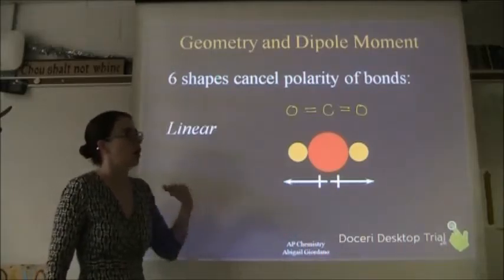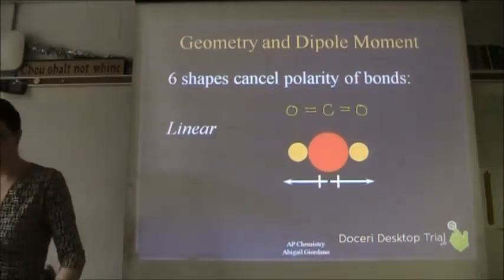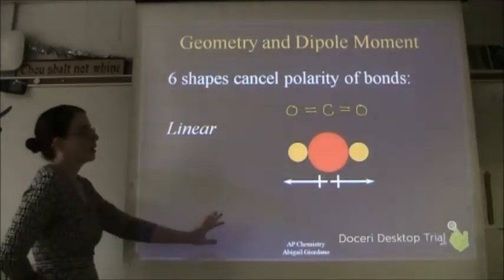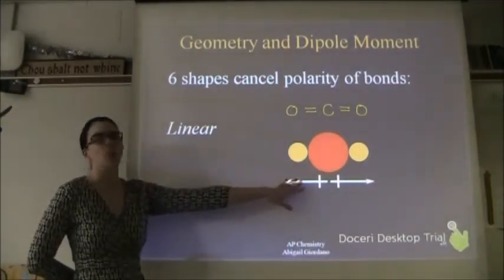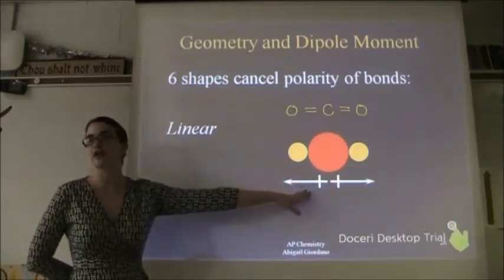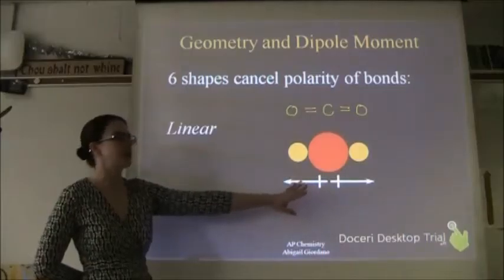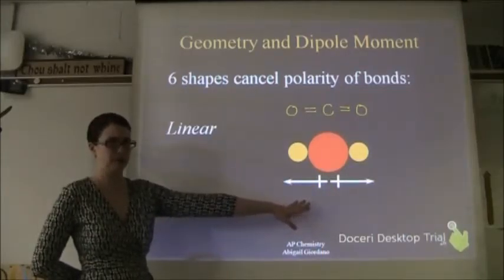Remember, we're in this time where you've got to be able to explain yourself. So let me give you the AP Chem lingo here. You can't just say, well, linear is a symmetrical shape. Don't use the word symmetrical. For some reason, the AP graders don't like that word.